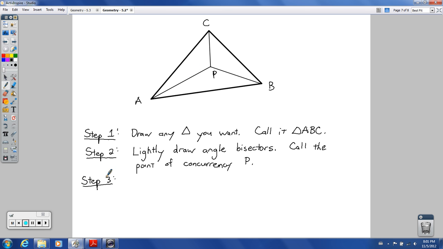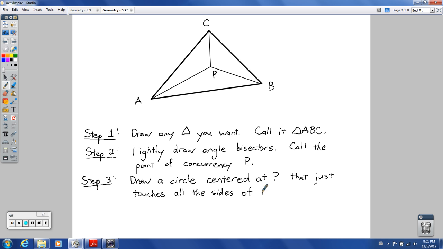Step 3: Draw a circle centered at P that just touches all the sides of the triangle.